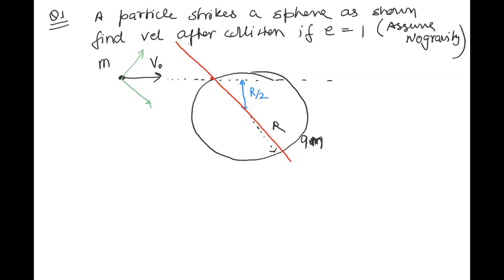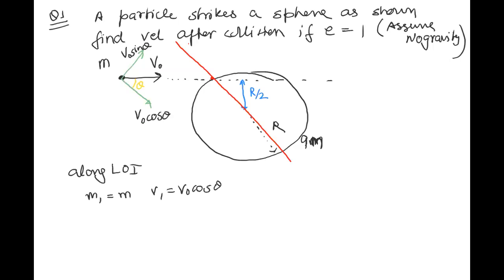Right? So we get, let's say this is angle theta, V naught cosine theta, V naught sine theta. Okay. So along the line of impact, I will write down M1 is equal to M. V1 is equal to V naught cosine theta.